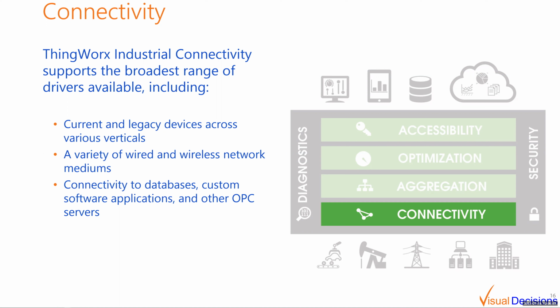And what we're doing is this is the layer that has those 150 plus different device drivers that allow you to establish that connectivity to pretty much anything on your shop floor, and even beyond the shop floor to HVAC systems and a lot of other devices as well.